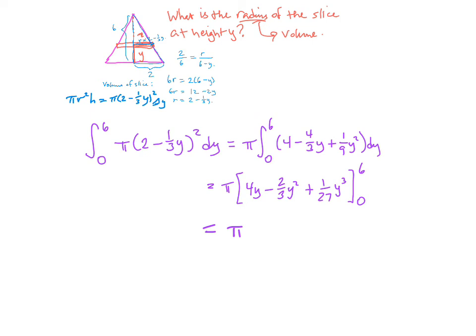So that's pi times 24 minus 2/3 of 36, also 24. Oh, that's convenient. And then 1/27 of 216, feel free to run it through a calculator, but I happen to know that actually is 8. So this comes out to 8 pi, just as advertised.